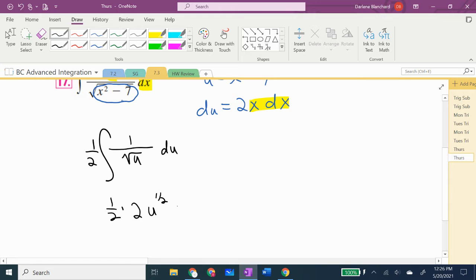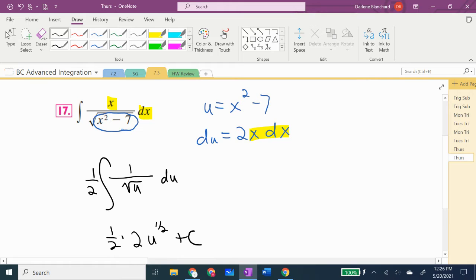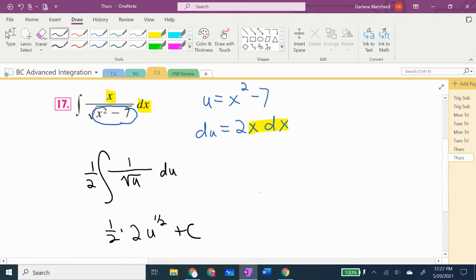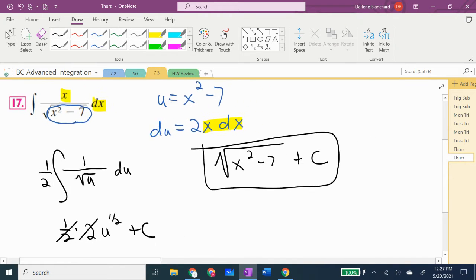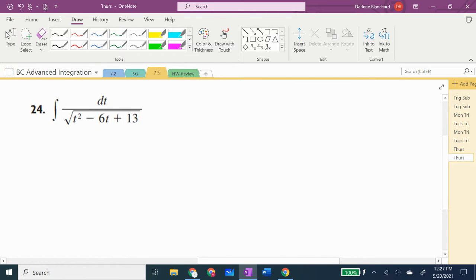Don't forget there's a 1/2, plus c, and then put that u back in, which is going to give us the square root of x squared minus 7 plus c. Woohoo! So again, U substitution, always be on the lookout.